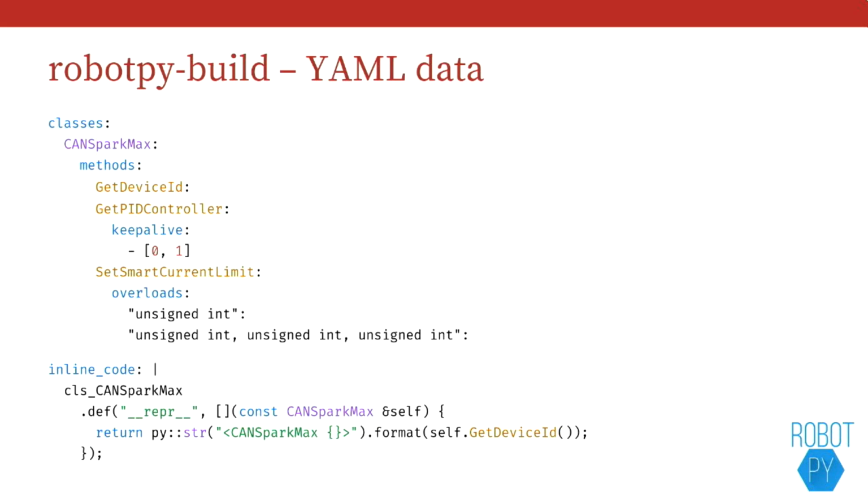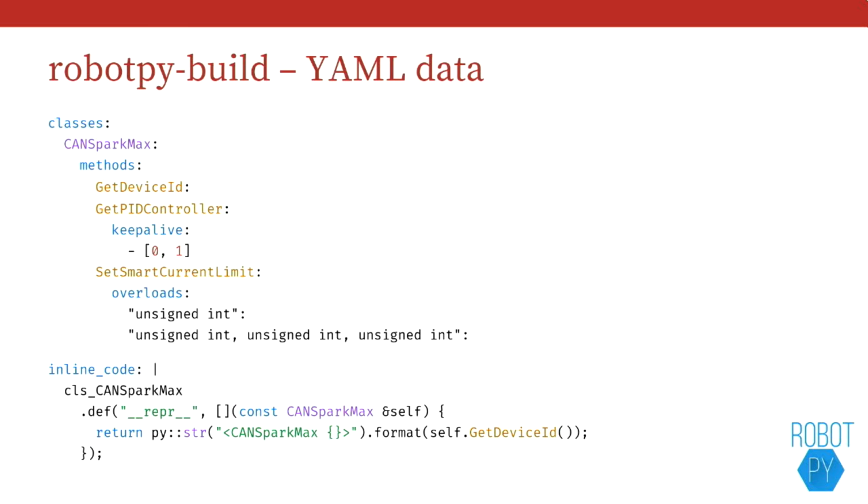So this is saying that this PID controller thing that's returned by this method, make sure that it doesn't outlive this CAN Spark Max. So whilst you still have this PID controller object, the CAN Spark Max object would not be garbage collected.